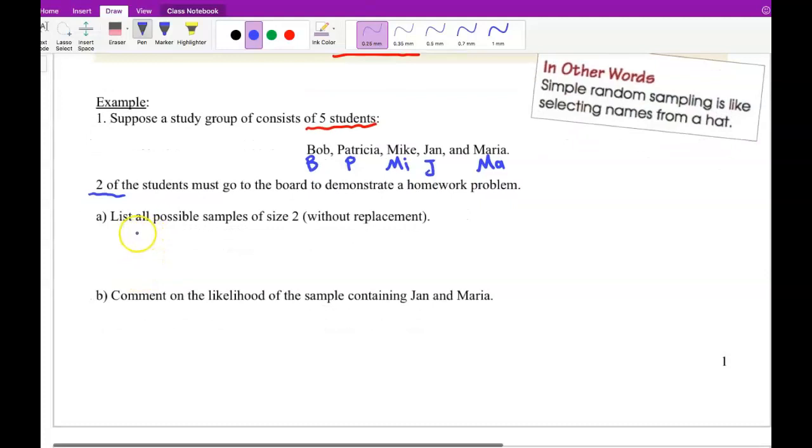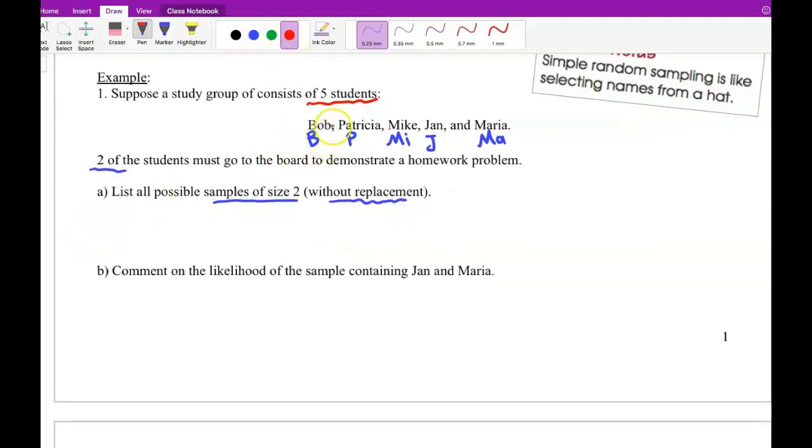Part A lists all possible samples of size 2. So the sample is of size 2, listing those possible samples without replacement. Now for listing, I want to start from the left side. I'm choosing 2 individuals from this population.